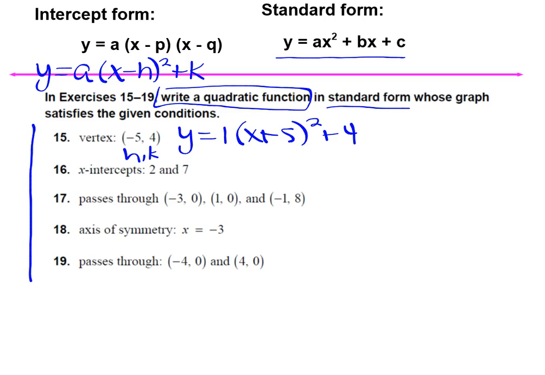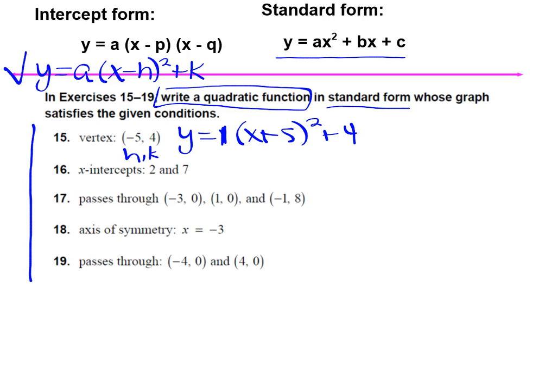That's just one equation. I could put any number I wanted in that spot right there because they didn't give me exactly what they wanted. Now, is that in standard form? No, that's vertex form.